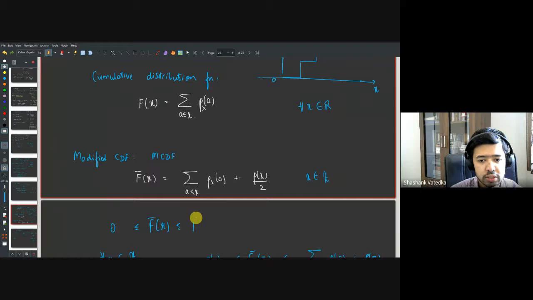But in addition, I'll also define this new function, the modified CDF, which looks similar to the CDF, except that I'm removing some component of the last probability. So F bar of x is the summation over all a less than x of p of a, plus p of x by 2.